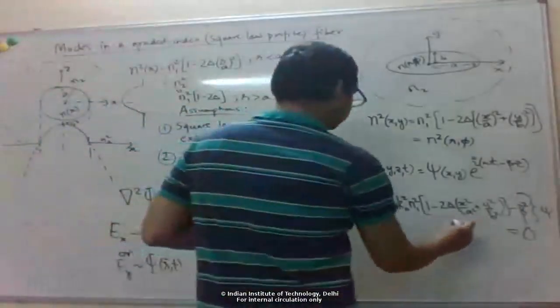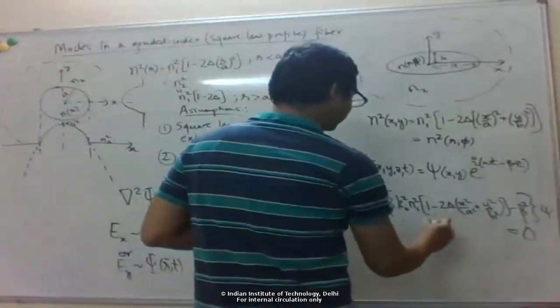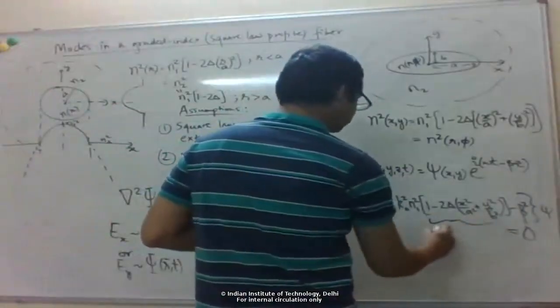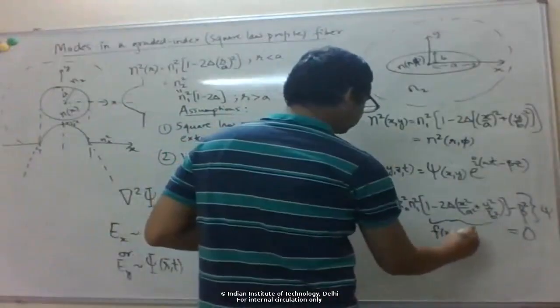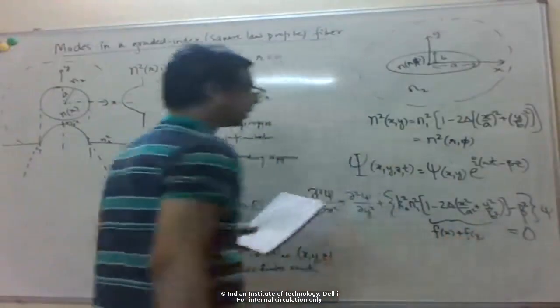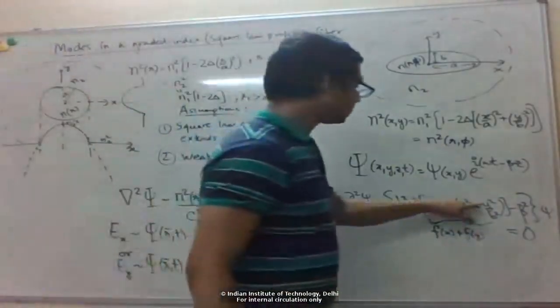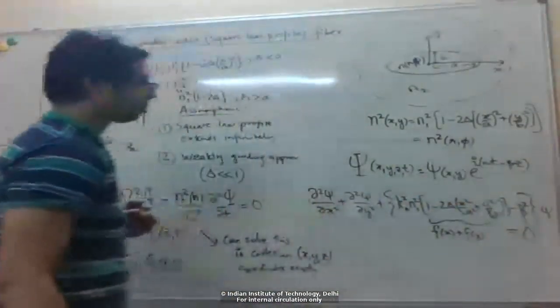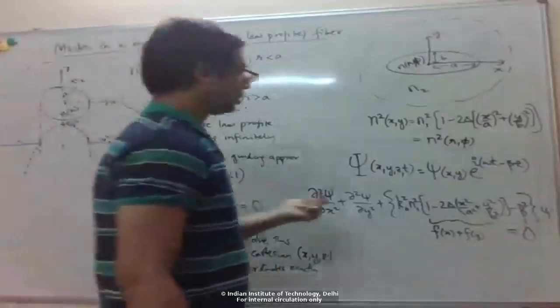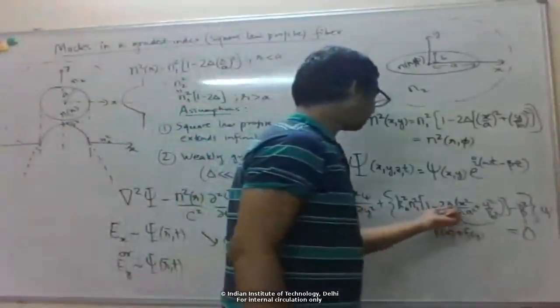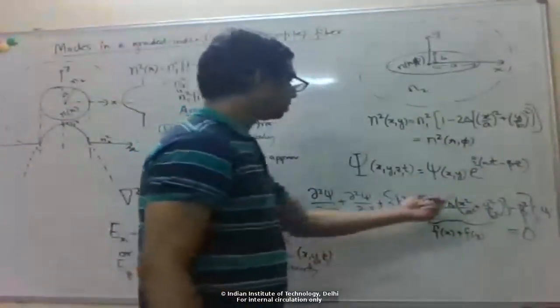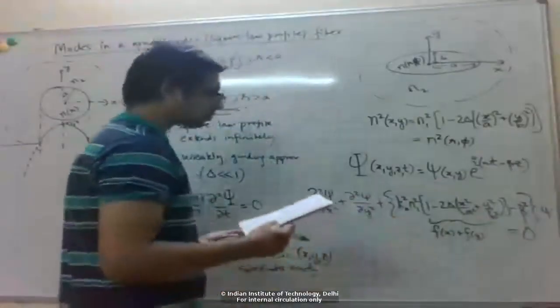Now again, the function here is a function of x plus a function of y. For example, there is no xy term here. So if you have something like this, what you can do is use separation of variables.